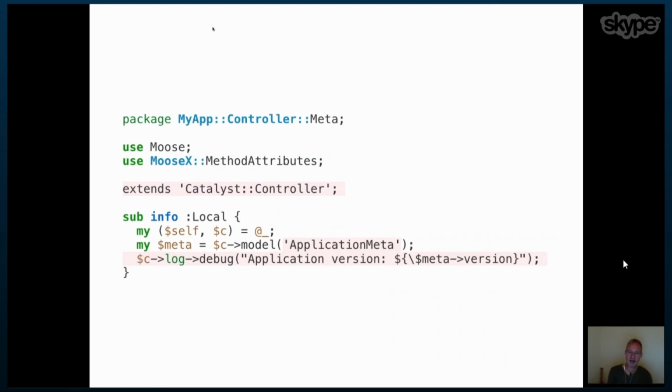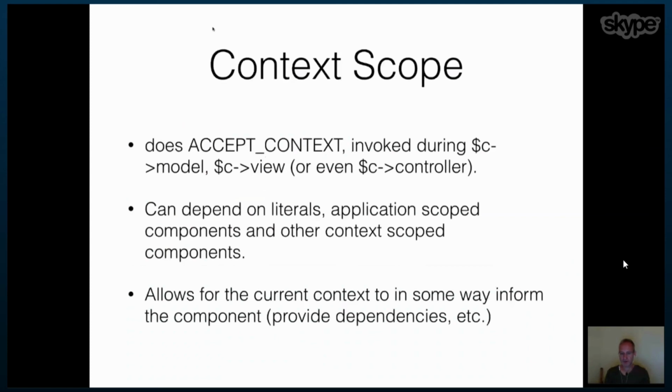So besides application scope, which is the default for your components, remember I said that your component can define and accept context method. When your component defines an accept context method, it then becomes what I call a context scoped component.